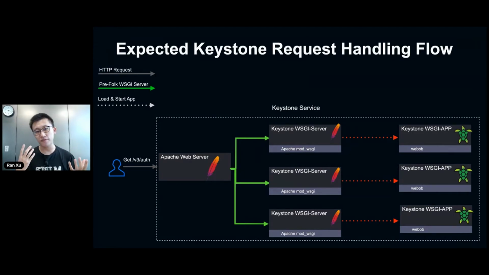After that, we feel the root cause is clearer in our heads for this outage. Because Apache used the mod_wsgi library to implement the WSGI server, it pre-forked several worker processes to load and start the Keystone WSGI application. The default setting of the number of these worker processes is 3 in our dev environment.